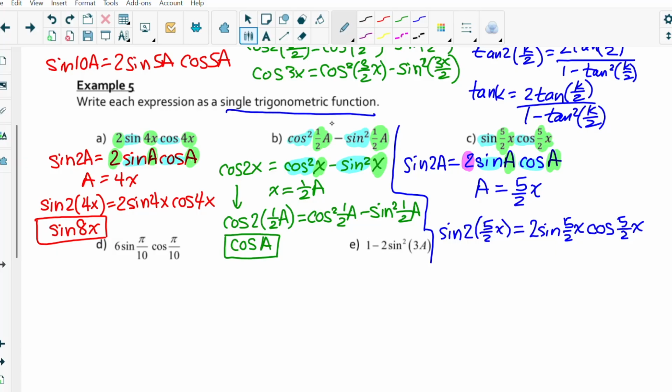Here's the problem I have: I have this 2 out in front, but where's the 2? There is no 2 in the original expanded version. So what can I adjust both sides by to account for that 2 so that we match our original identity?